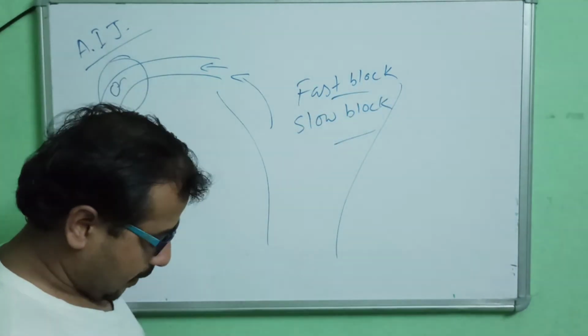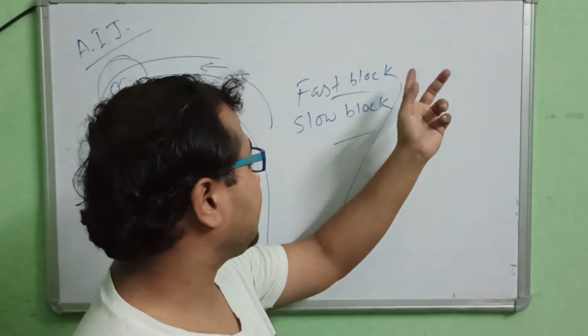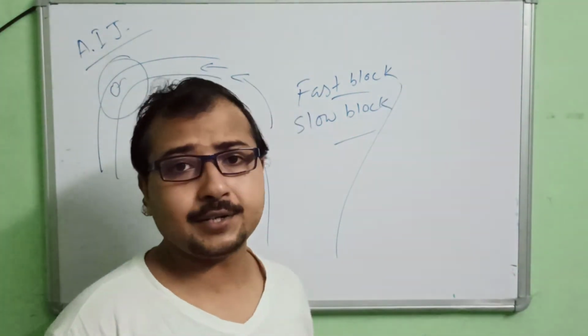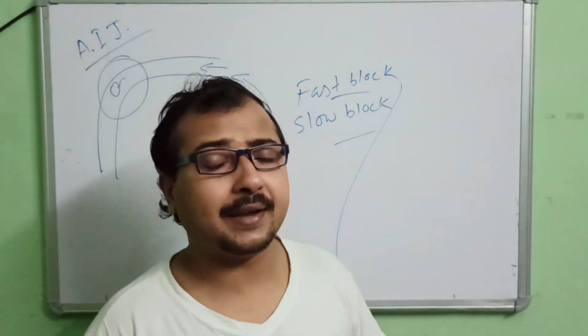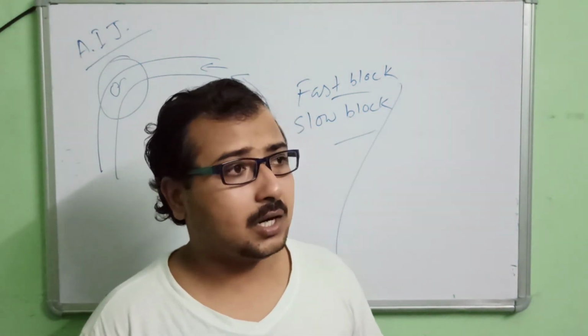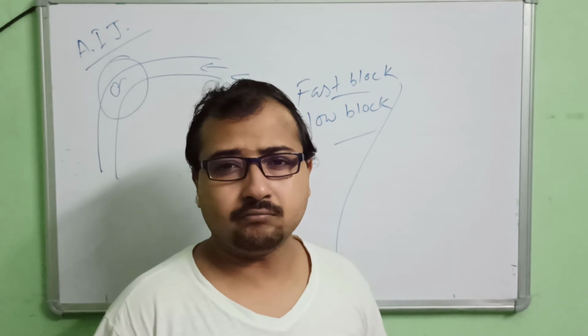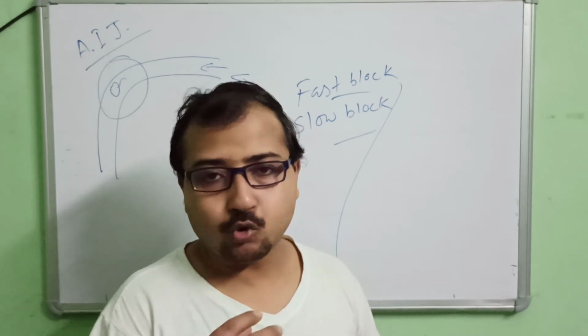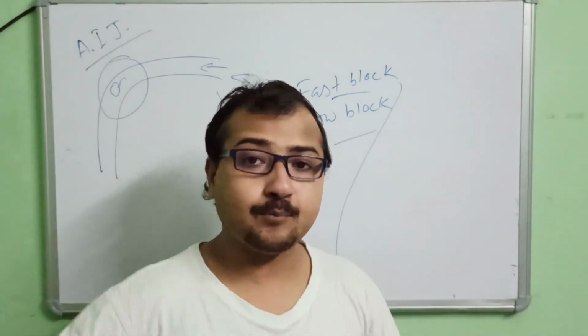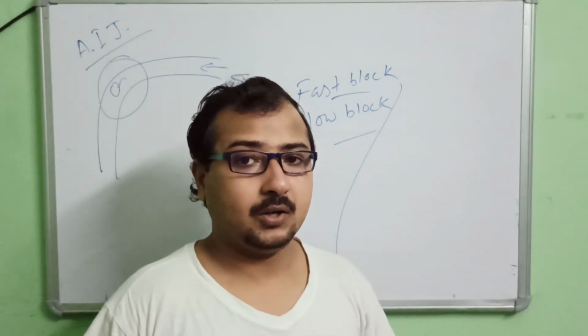The first block has been seen in those organisms where the oocyte fetches a number of sperms at the same time.